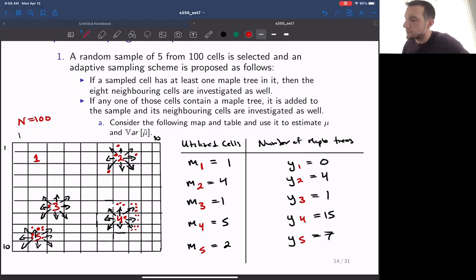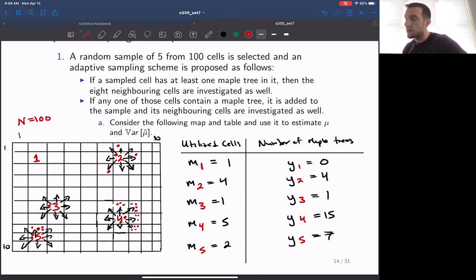In this illustration, I've put 1 above the number 2, 1 to the right of the number 2, and 1 to the southwest, if you will, of number 2. That gives us 4 total trees, hence y2 is equal to 4. It also gives us m2 equal to 4 because we're using 4 cells to count the 4 trees.